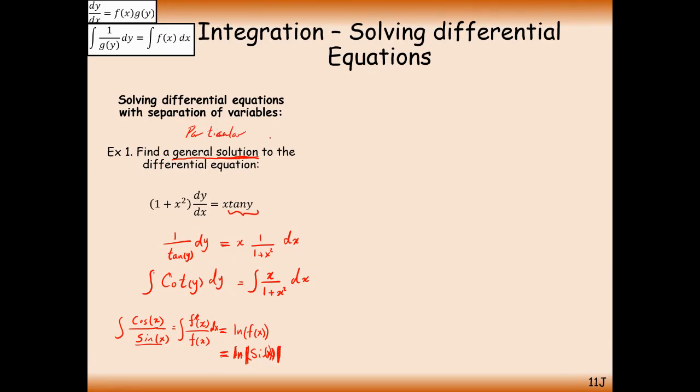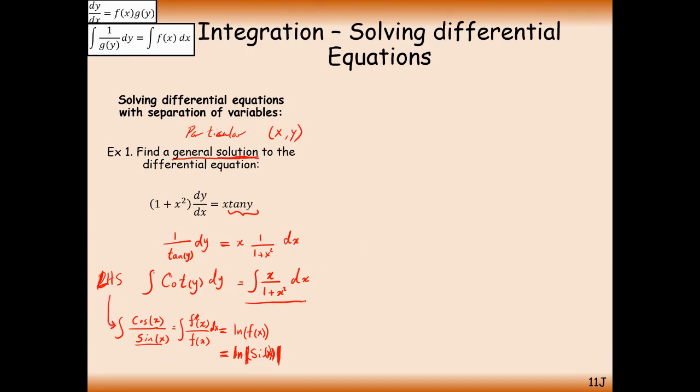They would have given us a coordinate x and y to substitute into our answers to figure out the value for the constant c. But we don't have that here. Therefore, we are going to have to add a constant.